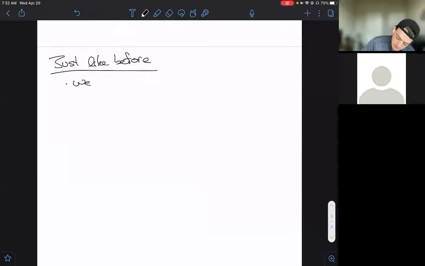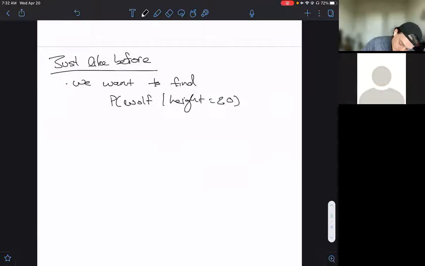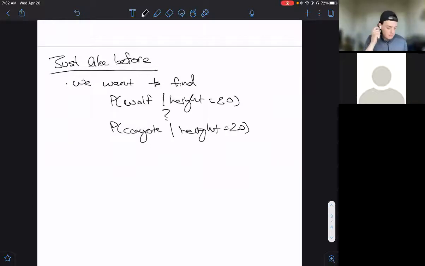We want to find the probability of a wolf given the height is equal to 2, right? And what is this in relation to the probability of a coyote given the height is 2?